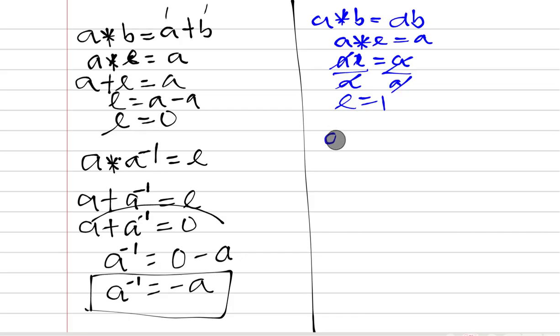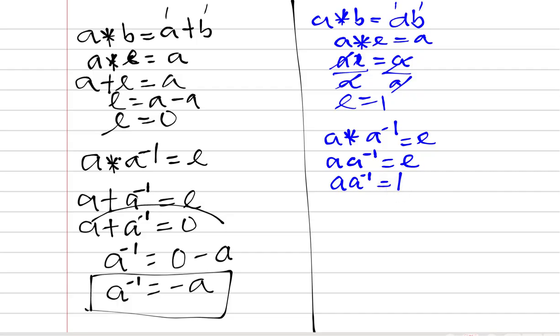Now let's get the inverse. The inverse is A star A inverse equals E. That means this will become A, this will become A inverse. So that will be A times A inverse equals E. And what's your E? 1. So that means we have A times A inverse equals 1.